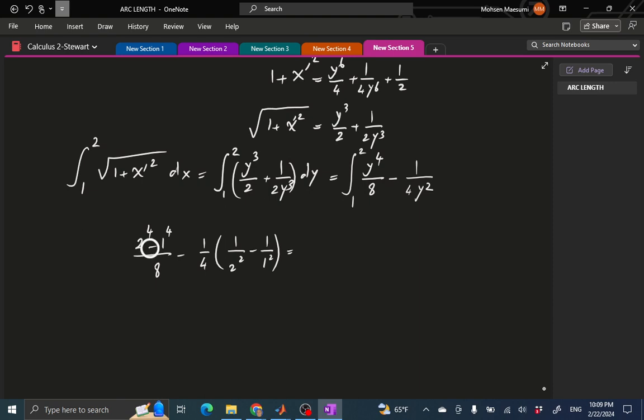First piece is 16 minus 1 is 15, over 8, minus 1/4 of 1/4 minus 1, so 15 over 8 minus minus 3/4, this is 3/16, if I'm not mistaken, 33 over 16, and so that's the length of this one.